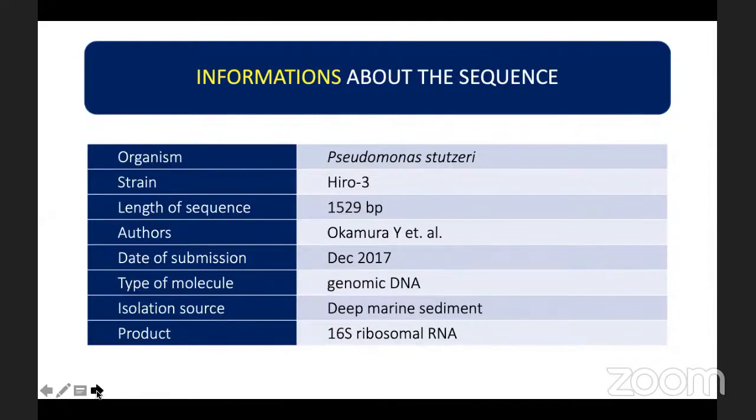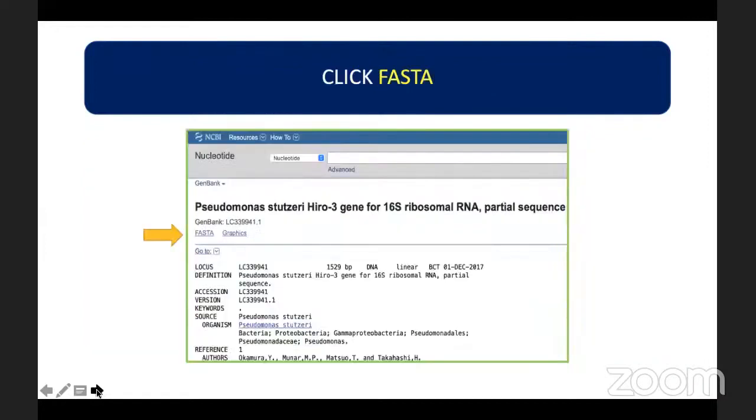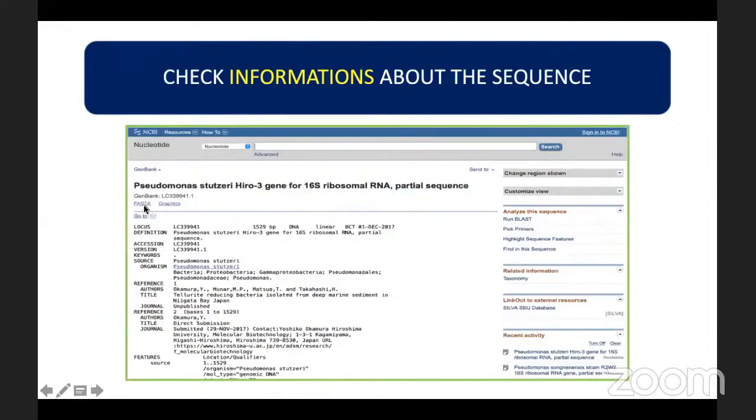So you always have to look at the accession number. You just can click on it and go through the information provided. So another thing that you can do in BLAST analysis is there's FASTA. Let's go back. There's FASTA below the name of the organism.